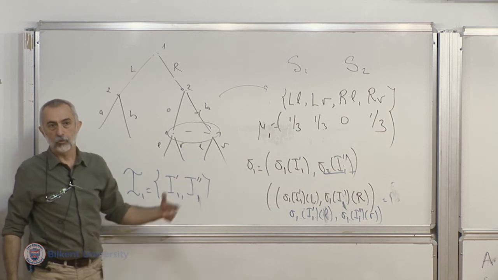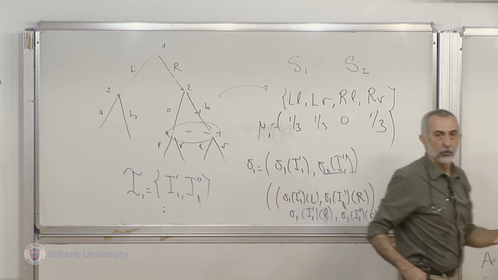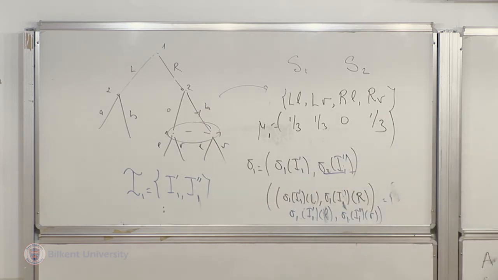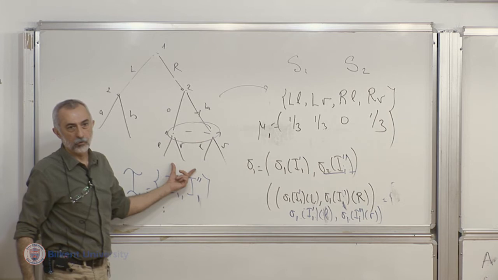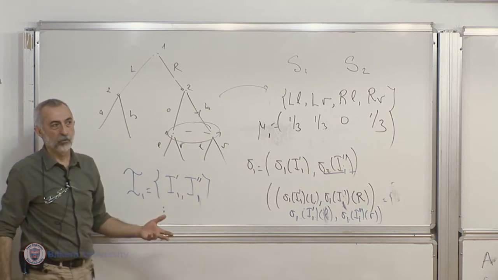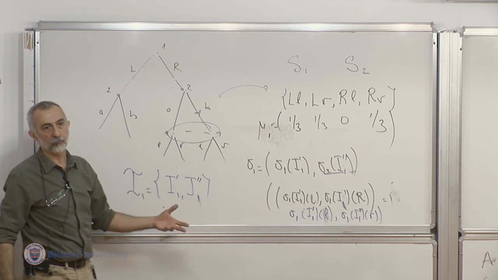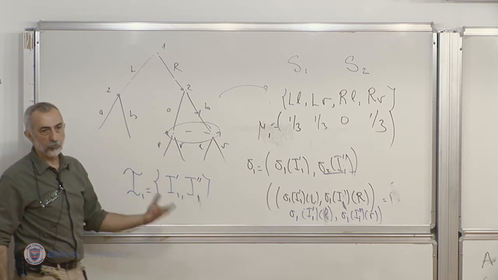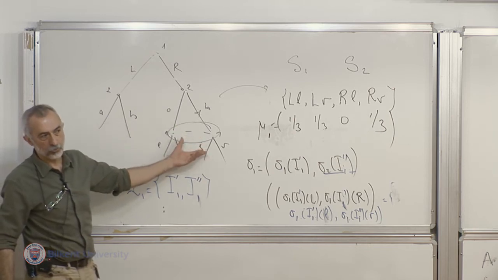So if, for example, a mixed strategy profile and a behavioral strategy profile have the same probability distribution over the outcomes, it means that agents will have the same expected utility, expected payoff, under the behavioral strategy and the mixed strategy.